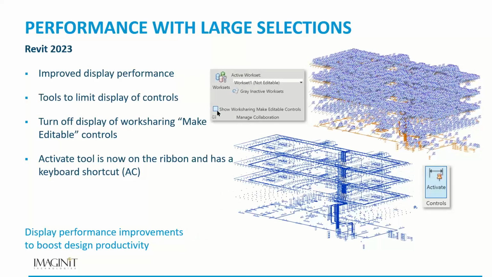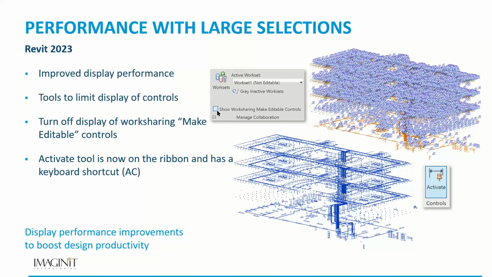Another thing that has been improved is that there is now an activate button. That means there's a new feature that's going to display our selection set differently. In the past, whether we're working in a shared work environment or not, when we selected certain things, we'd see all the temporary dimensions, all the pins, so this could slow things down.